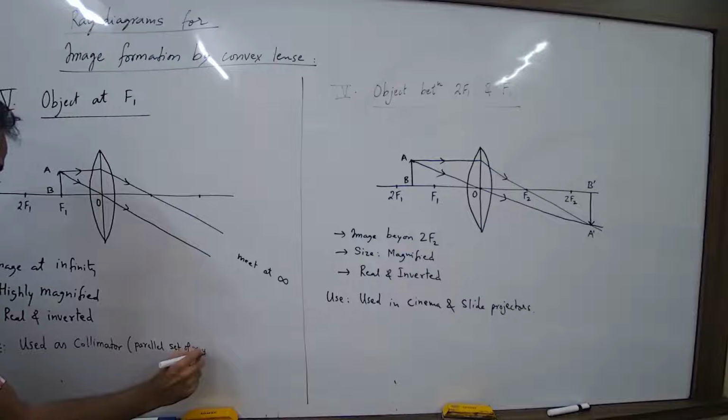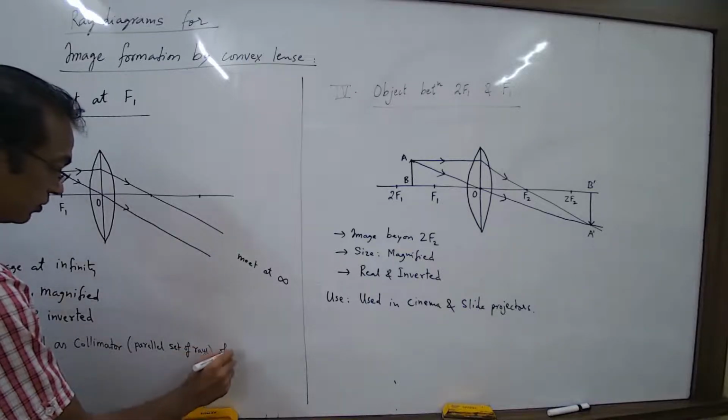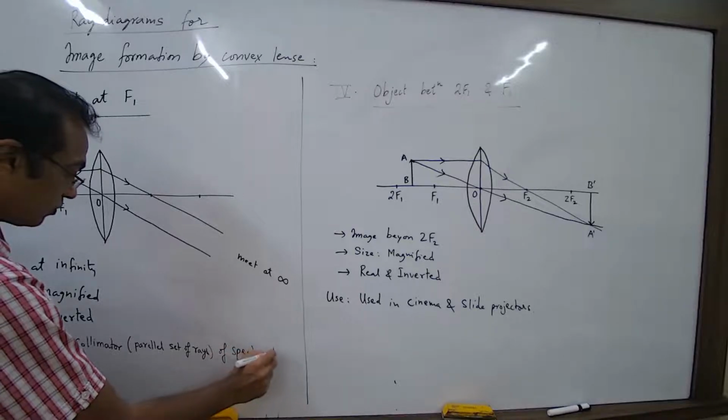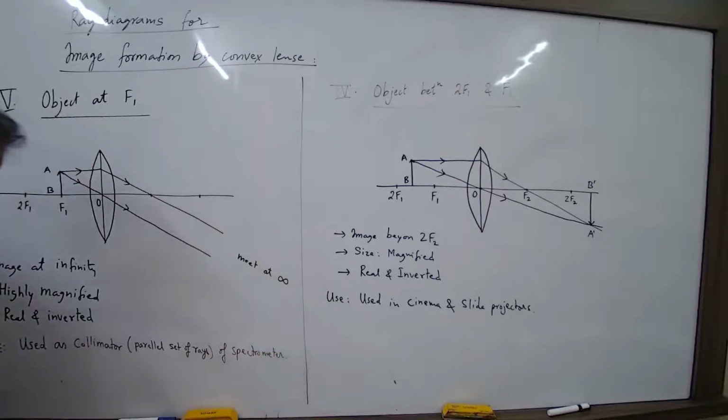Used as collimator of a spectrometer. A spectrometer is a device which is used to analyze the incoming incident ray. Okay, so it will give you a graph telling what is the wavelength, what is the intensity, all those things. But we did not go into the details of this.